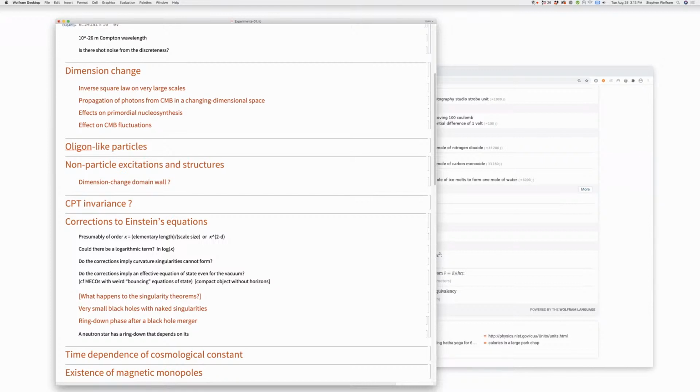If we look at the ring down of a neutron star, which would also happen, right? That depends on what quantities of the neutron star does it depend on? It must depend on the various Young's modulus type things, right? It depends on the stress strain relations for the neutron star, among other things.